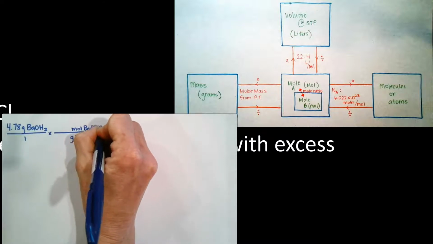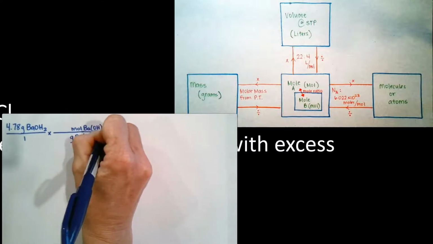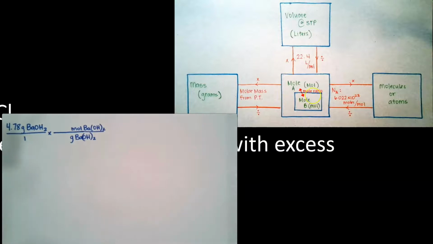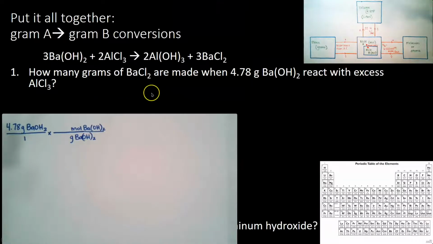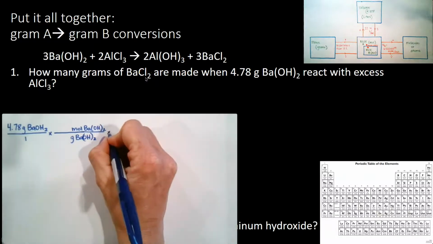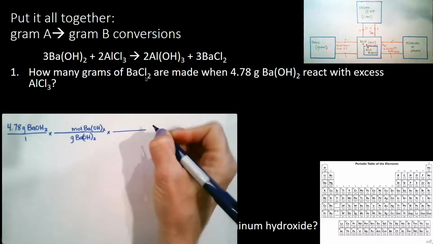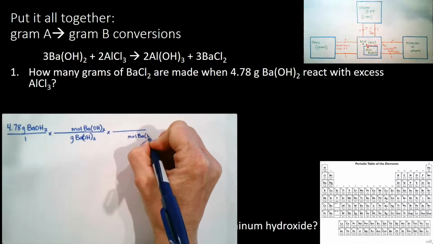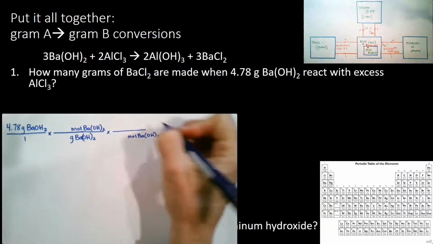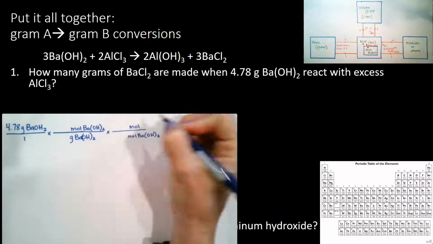Now my next move here is to go from moles of BaOH2 to moles of BaCl2. BaCl2 is my B, or my second item that I want to get to. So I'm going to now convert from moles of BaOH2 to moles of the other thing I want, BaCl2.